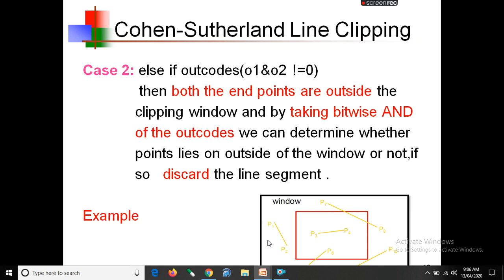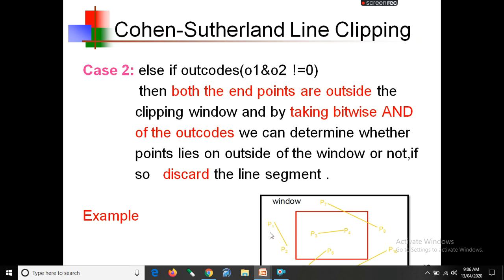If you calculate output 1 and output 2 for P1 and P2, they are not equal to 0, so we apply the bitwise AND operation. After applying it, you will get a non-zero result.